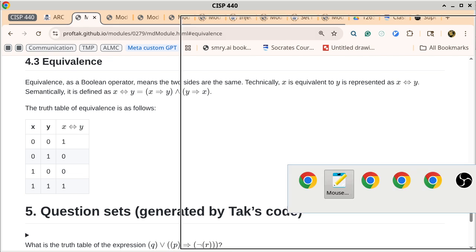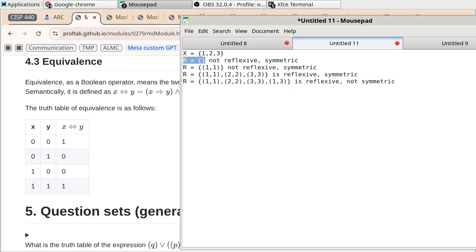Let me go back to here. So this table is showing us why when R is empty, it is actually symmetric, because both sides of the if and only if have to be false. It also makes the second example symmetric, because in this case, the only element that we can find in R is 1, 1.